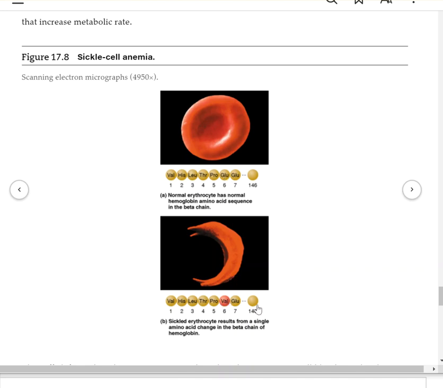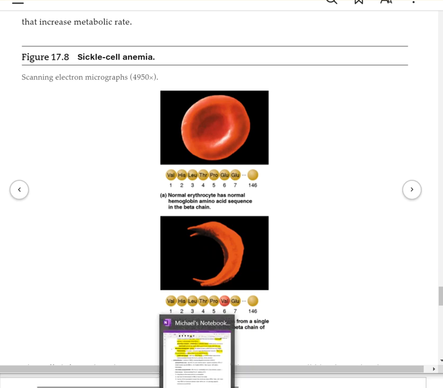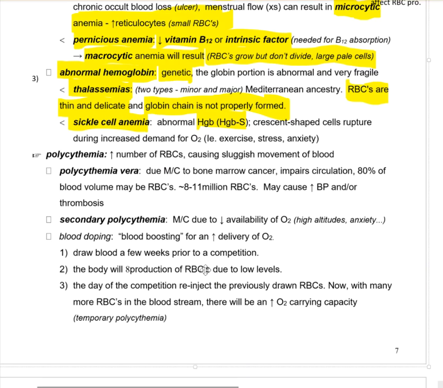That one change will change the shape of the red blood cell, especially under stressful or low oxygen level situations. It gets a sickle shape, and then the red blood cells start sticking together and clogging up little capillaries and not allowing oxygen to get to its location.